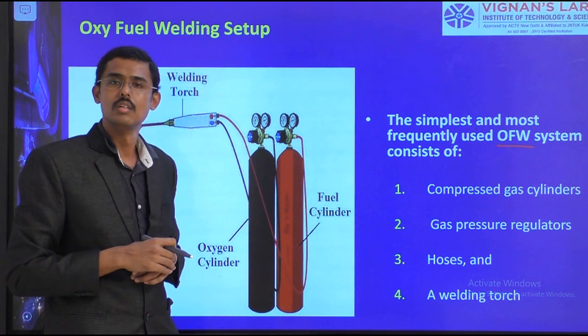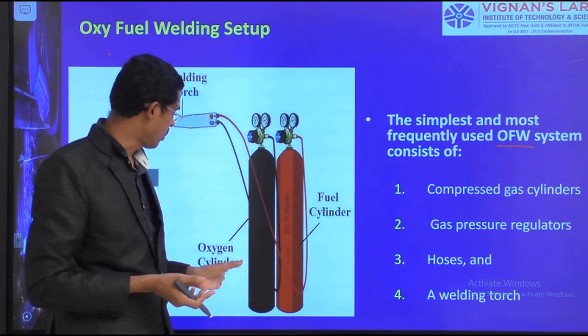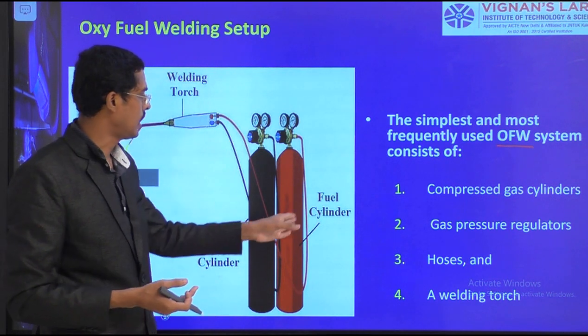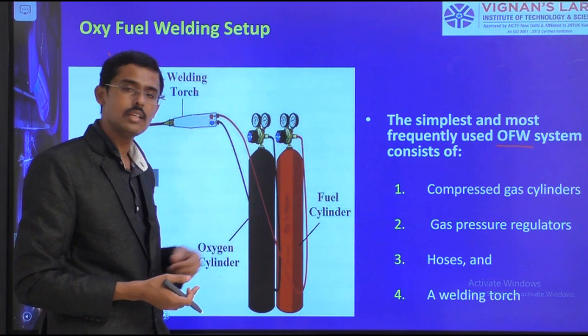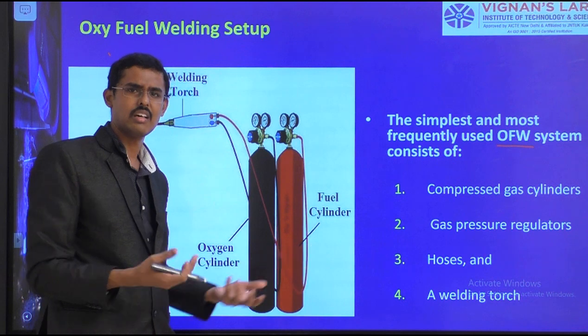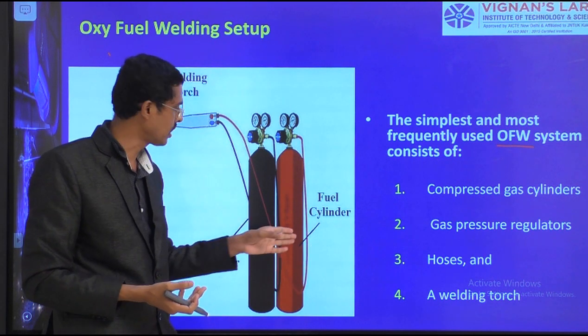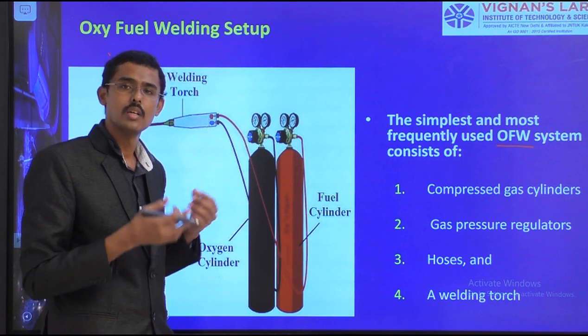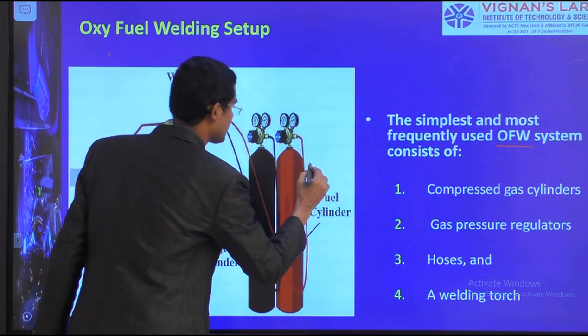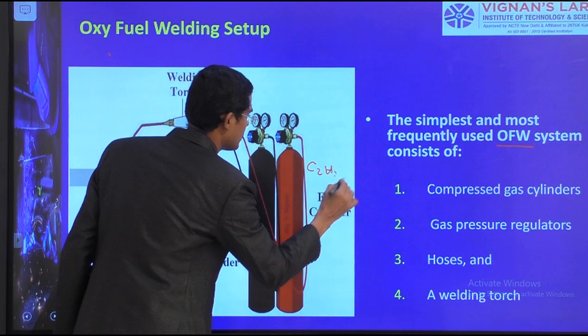Keep in mind, it is one of the objective-type questions. The cylinder in black color represents oxygen, and the other color, dark grey, red, or brown, represents the fuel cylinder. We know this fuel is acetylene, C2H2.